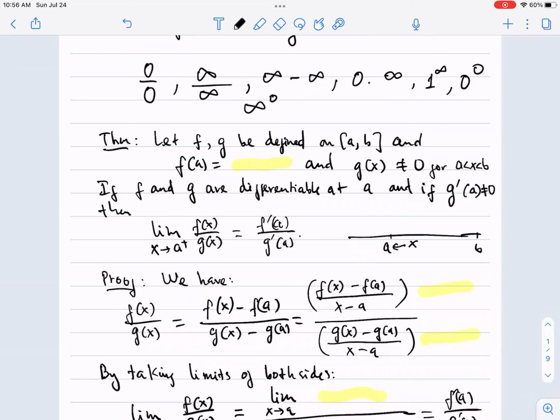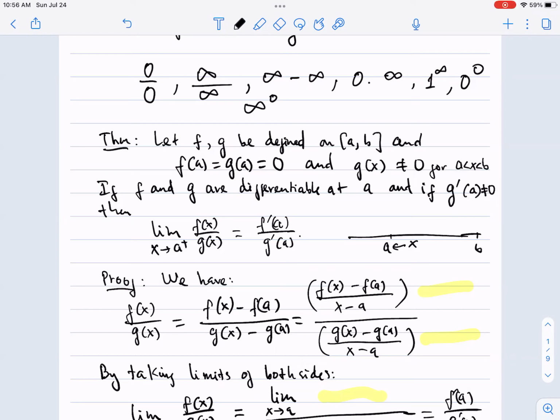So we start with a very simple case. Let f and g be defined on an interval from a to b, and f(a) equal to g(a) equal to 0, and g(x) is different from 0 for all x between a and b.